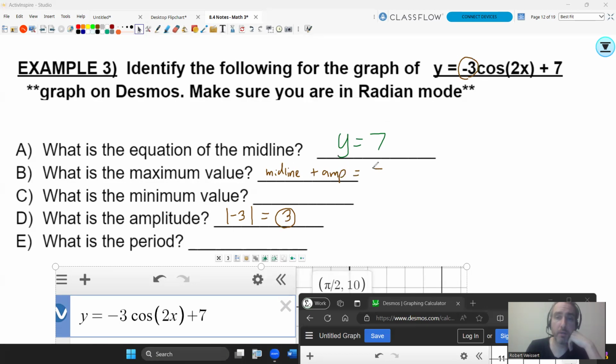So it's really just going to be 7 plus 3, which is 10. So it should top off at 10. Likewise, your minimum value is going to be your midline minus your amplitude. So that's going to be 7 minus 3, and that's going to give you 4. Does that check with what we have? Hopefully.